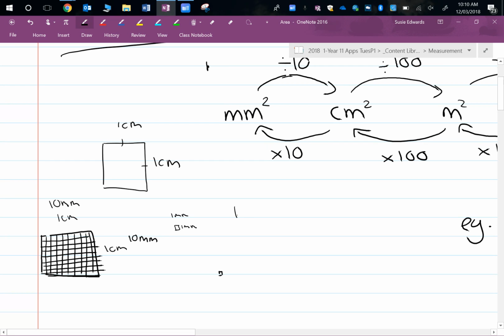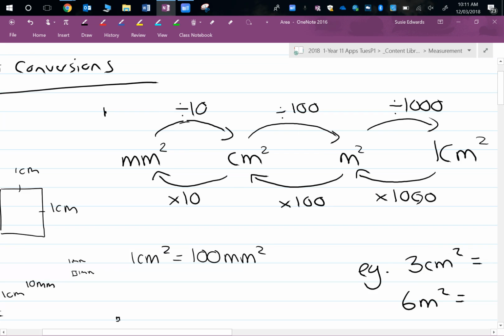So 1 square centimetre equals 100 square millimetres. Can you see how that works? Centimetre by centimetre here, but the millimetres, there's a lot more because you can fit them all into that space. All right?